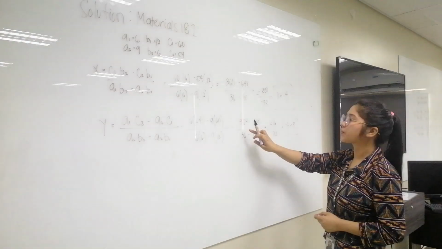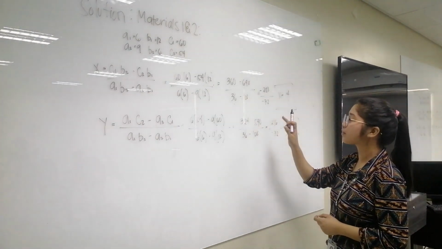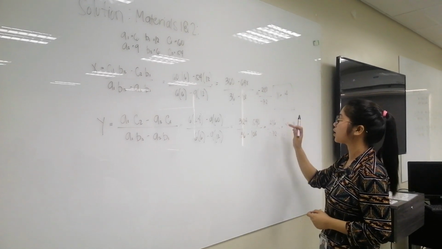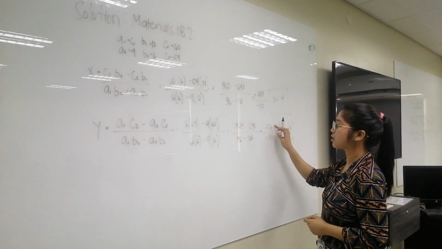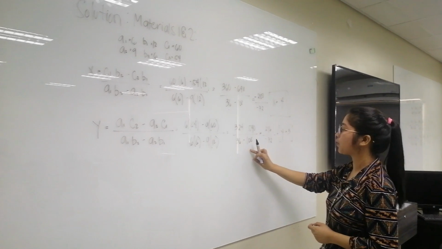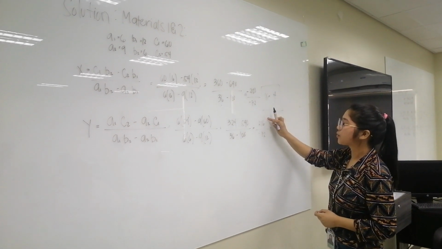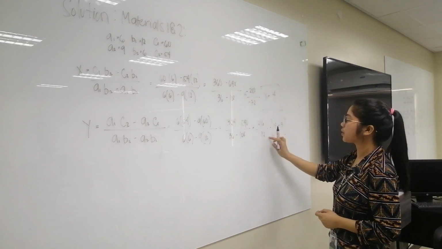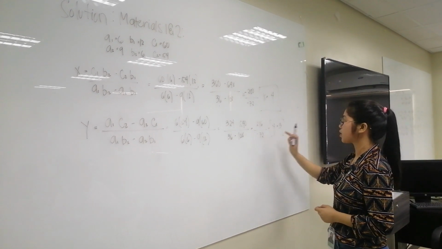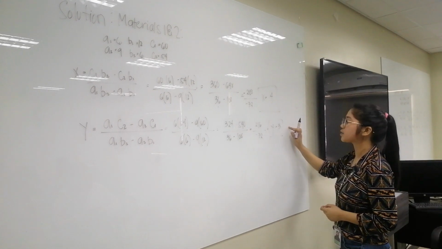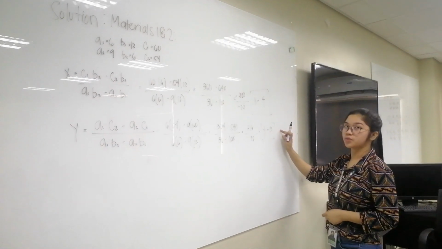And for this one, 324 minus 540 equals negative 216. 36 minus 108 is negative 72. So, negative 216 divided by negative 72 is equal to 3. So, the answer is y equals 3.